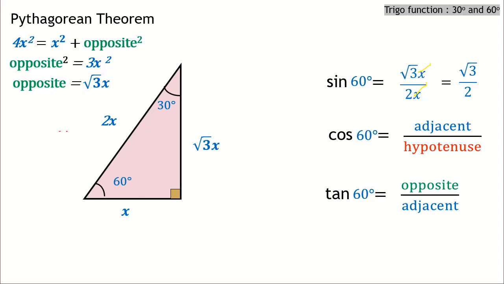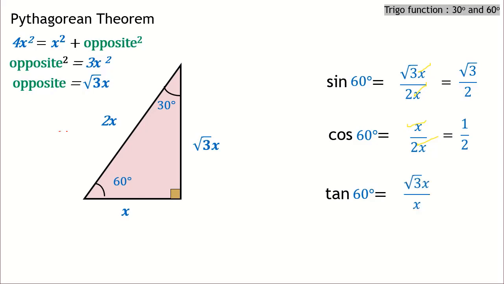Cosine 60 degrees is adjacent over hypotenuse, so we have x over 2x, which simplifies to 1 over 2. For tangent 60 degrees, we have opposite over adjacent, so root 3 x over x, which simplifies to root 3 over 1, or equivalently root 3.